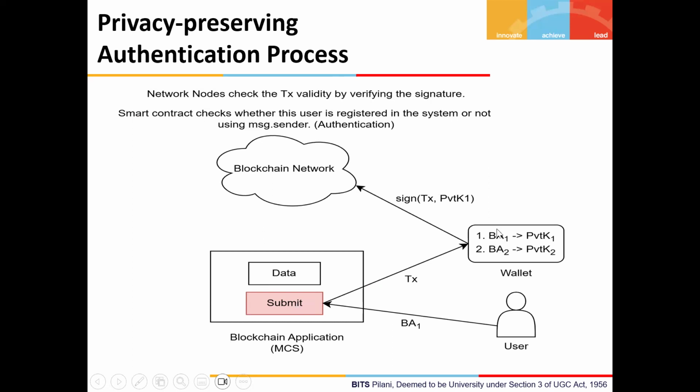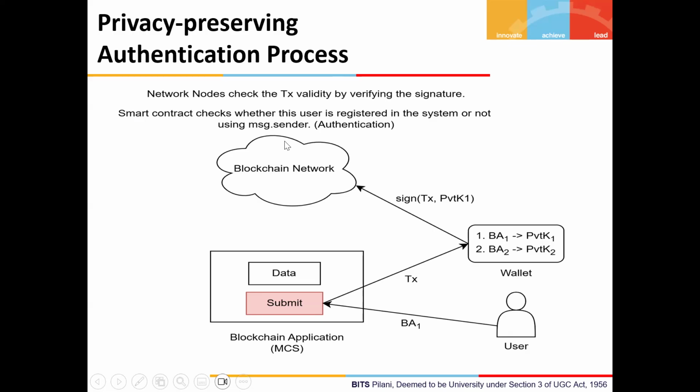And this is the blockchain address or pseudonym identity. So each pseudonym identity is associated with a public and private key pair. Even though this blockchain address is derived from the public key only, just understand that each blockchain address is associated with a public and private key. So now this user will use the private key to sign this transaction and will send it to the blockchain network.